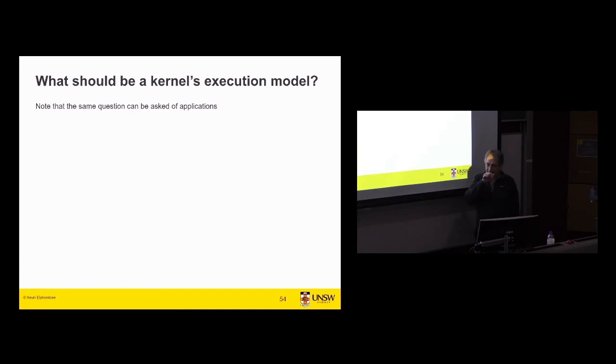So what should a kernel's execution model be? Okay. The aim here is not to point out a right and a wrong. The aim here is to give you enough background for you to make a judgment call for yourself, because there are trade-offs, and naturally in some situations one trade-off might be more appropriate than another.